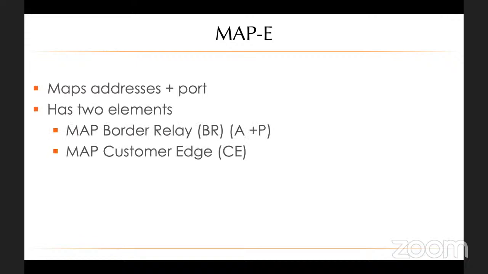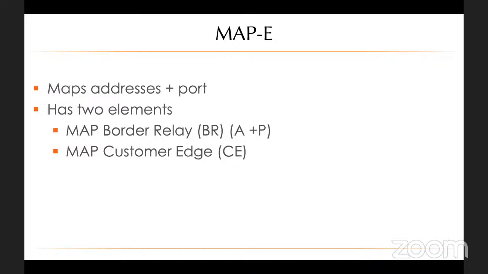Great. So thank you, Jody. And the next transition technique is MAP-E, which we're going to look at. So still tunneling. This is the mapping of addresses and ports with encapsulation, whereby you'll map IPv4 addresses and ports, and then do tunneling over your v6 only core. So similar to Lightweight 4/6, we still have the 2 elements, but this time around we call it the border relay.